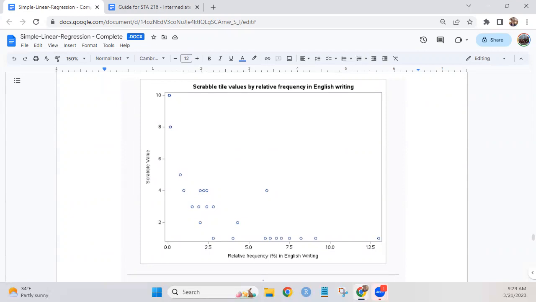Negative, right? So always just try to imagine one straight line that best fits that pattern in the data. It's probably something like this or something similar. Okay, so it has a negative slope, it's sloping downward.